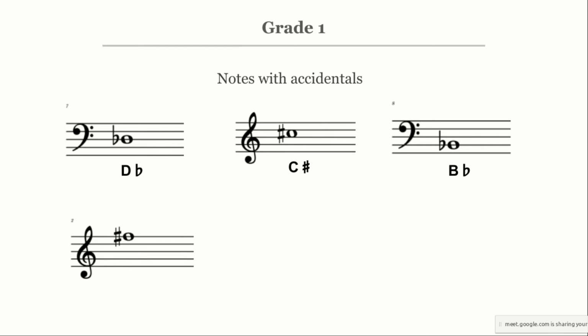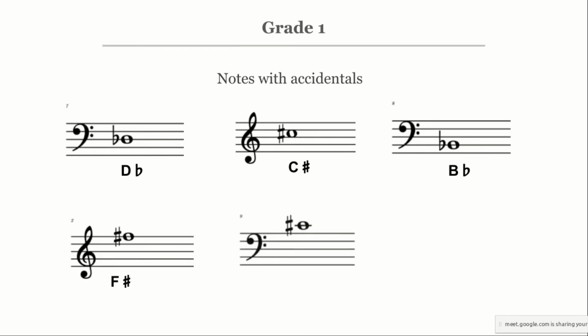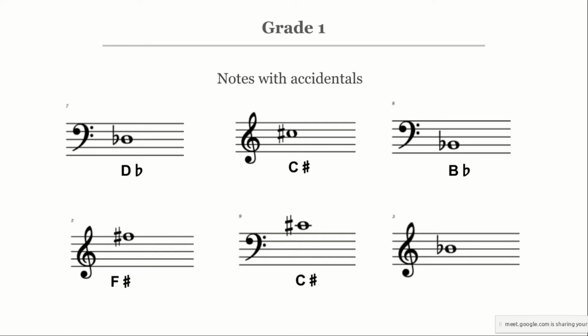F sharp, correct. And then the next one? D sharp. This is bass clef. Oh, yeah. Take note of the clef. Don't miss the clef. Oh, C sharp. And then we have the last one. B flat. B flat. Thank you.